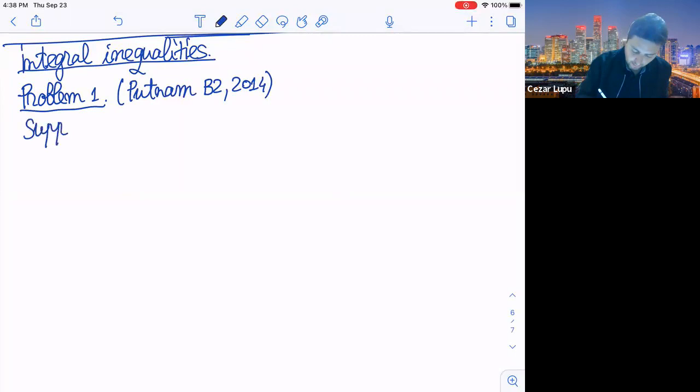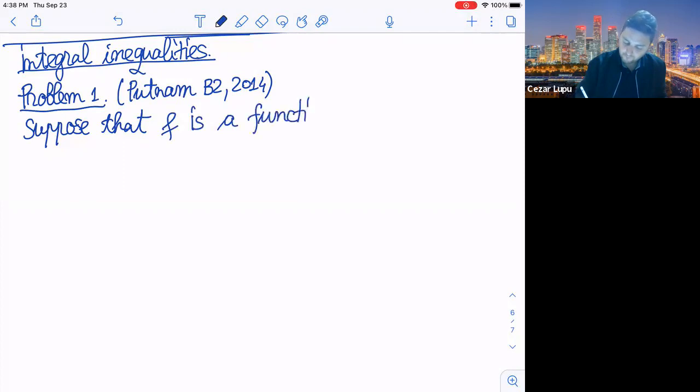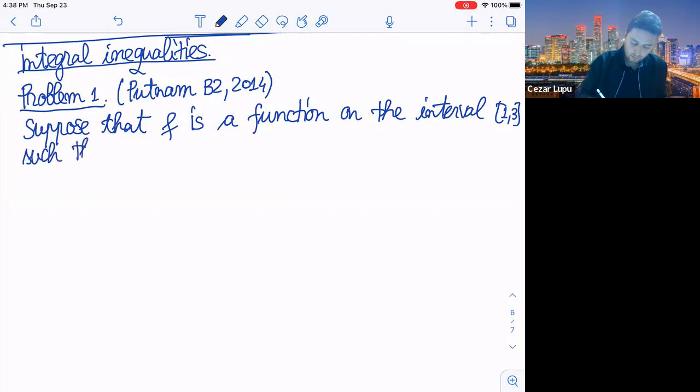Suppose that f is a function on the interval closed [1, 3] such that -1 < f(x) < 1 for all x.